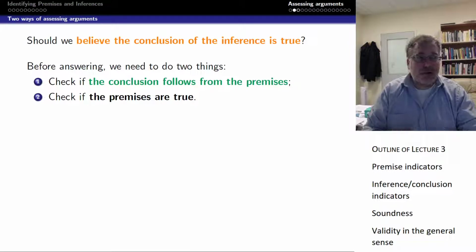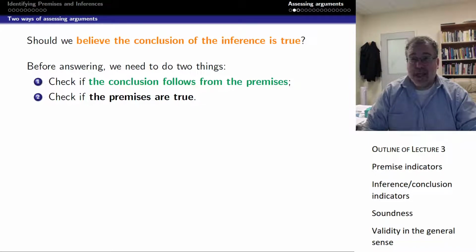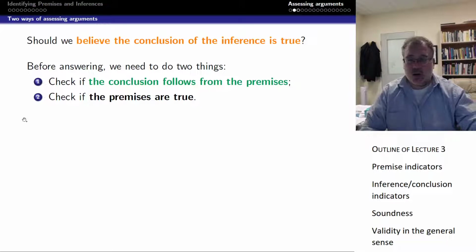So should we believe the conclusion of the inference is true? Well, before answering that, you just need to answer two questions. The first one is, you're going to check if the conclusion follows from the premises. And the second thing is, you're going to check whether the premises are true. And if both conditions obtain, then you do have reasons to believe the conclusion.